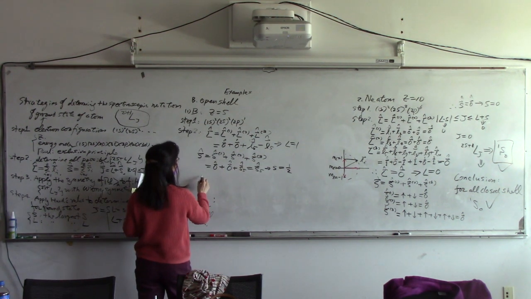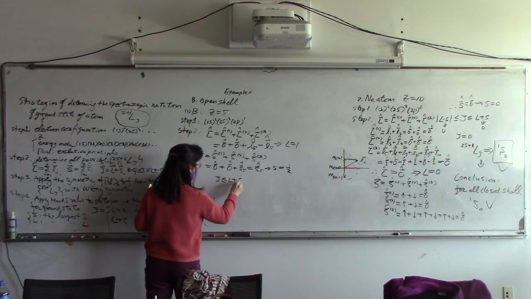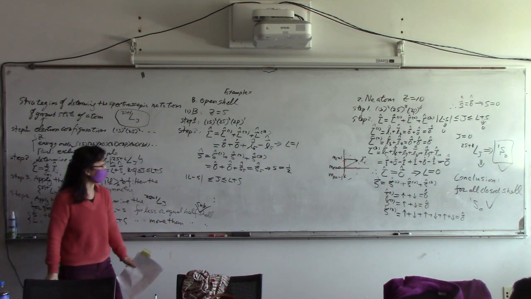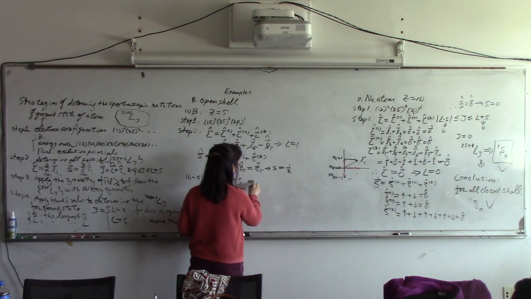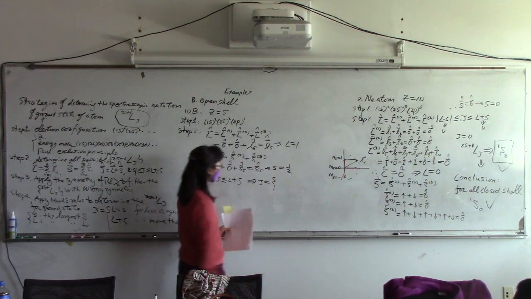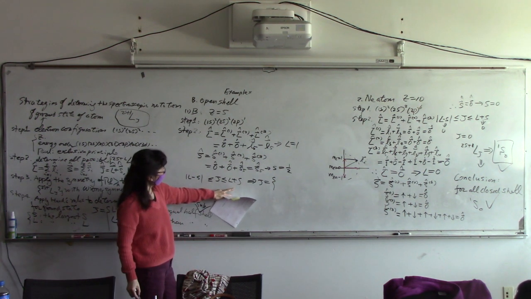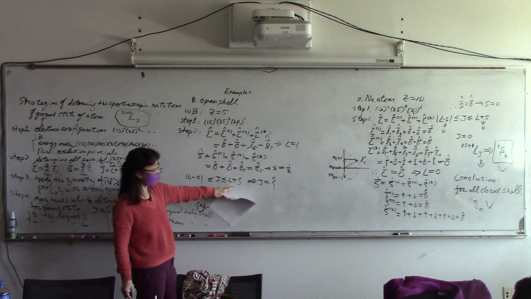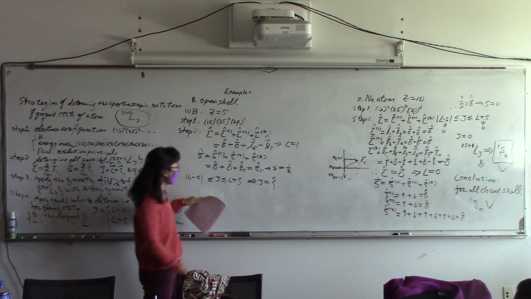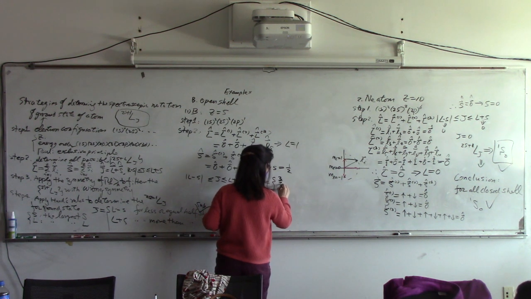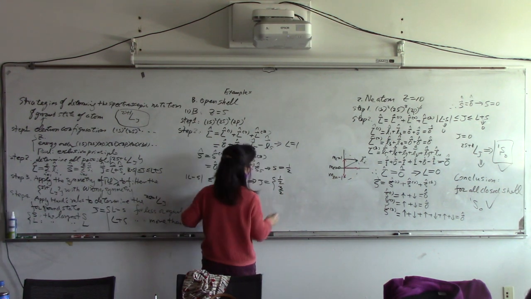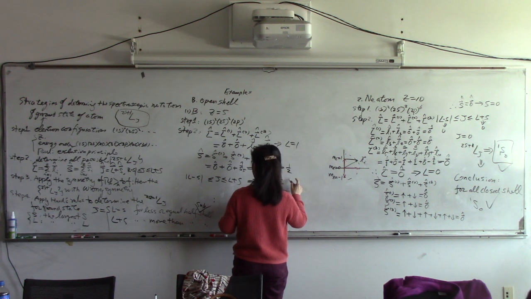Then now J. Another J value for a given L and S. When L equal to 1, S equal to half, J is 3 half, and L minus S is half. So J has two values: half, the smaller one, and 3 half.